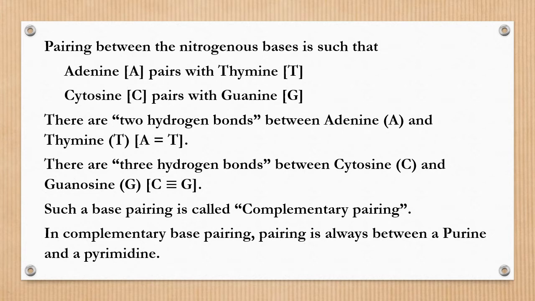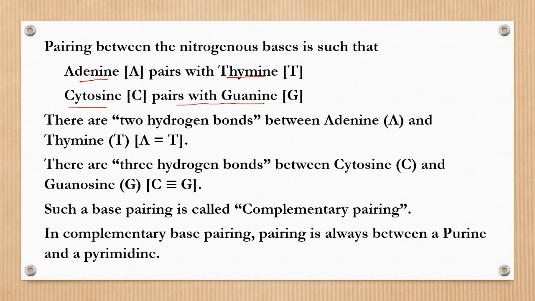Let's see how the nitrogenous base pairing takes place. We said that the nucleotide chains are joined by hydrogen bonds between the nitrogen bases. So which nitrogen bases are paired? Adenine always pairs with thymine, and cytosine always pairs with guanine.